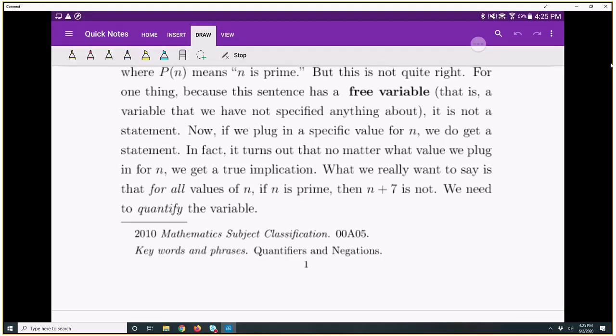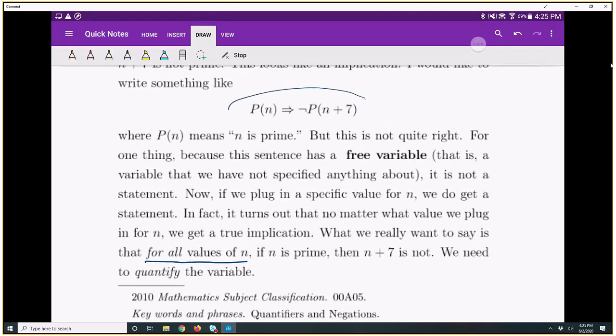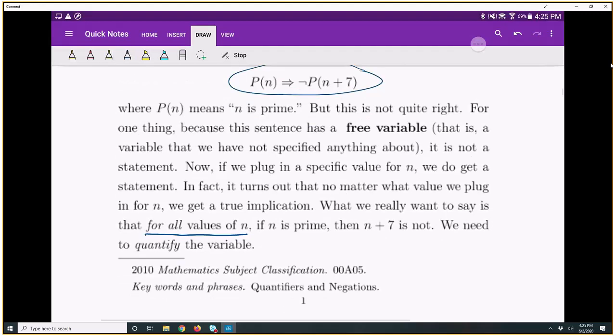So what we really want to say is that for all values of n, if n is prime, then n plus 7 is not. It's this "for all values of n" which is what we forgot to say up here. So what we needed to do is quantify the variable.